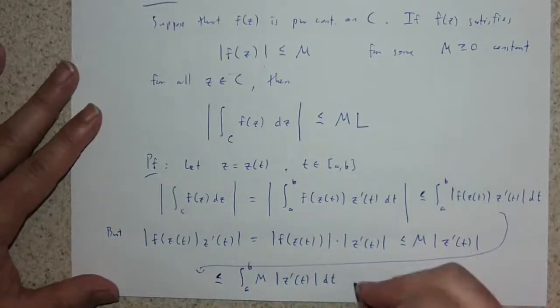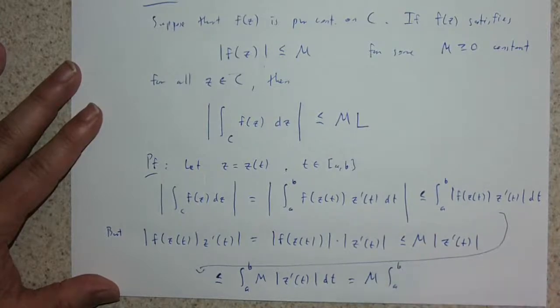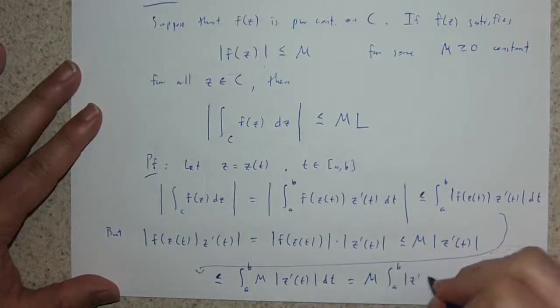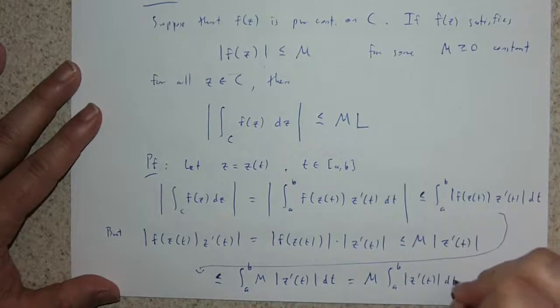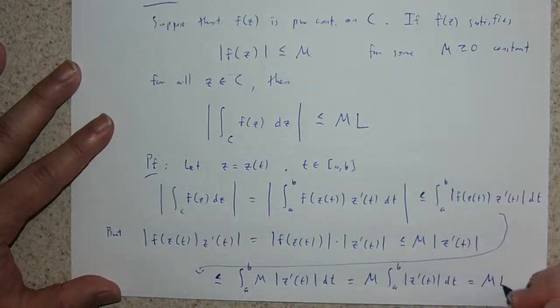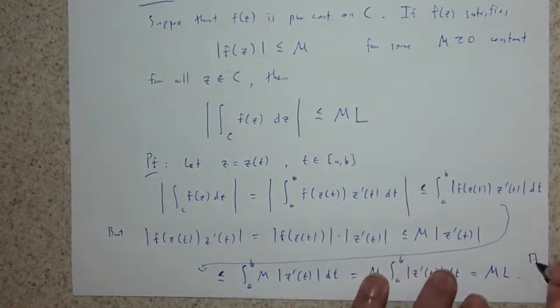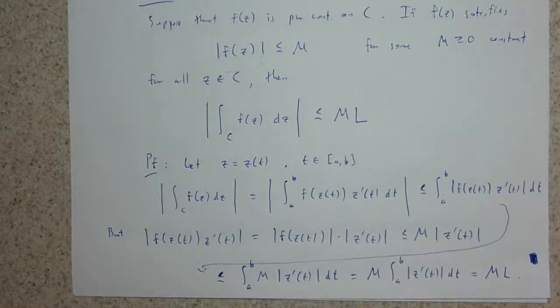But this is just equal to M times the integral from a to b of the modulus of z prime of t dt. But this is the definition of the length of C. So this is M times L. And that's it. So really the proof of this theorem relied on that lemma entirely.